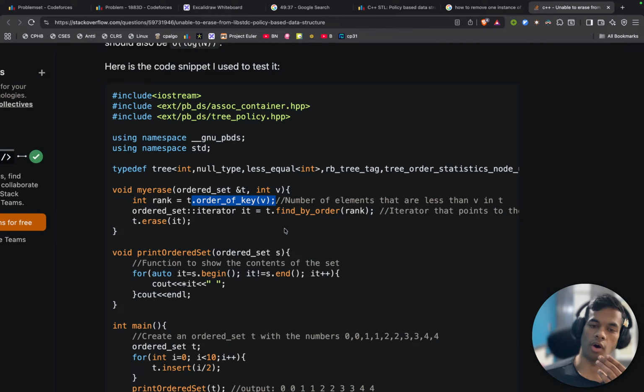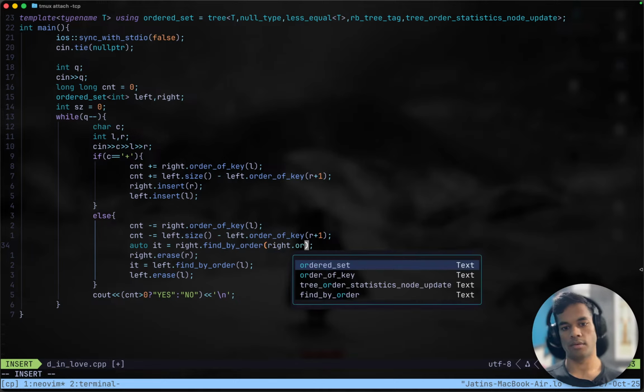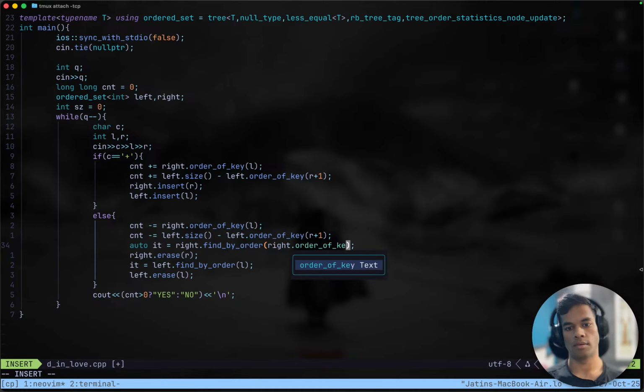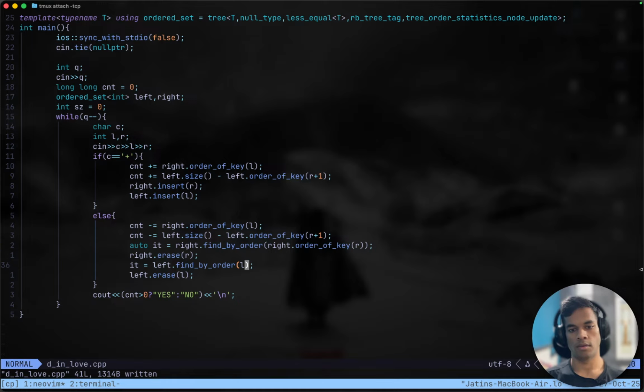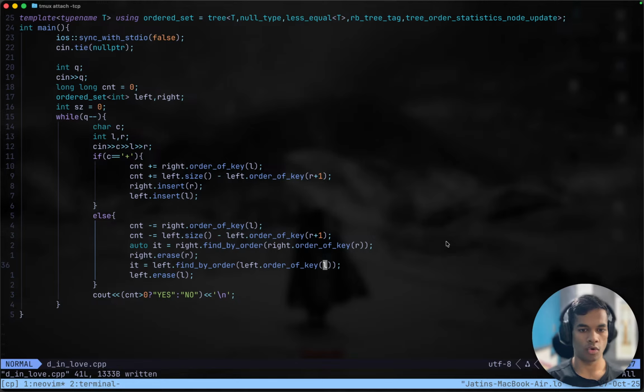Then left dot order of key, pass that order inside and get the iterator. Shit. For r, left dot order of key for left, and shit. Hopefully this should have worked.